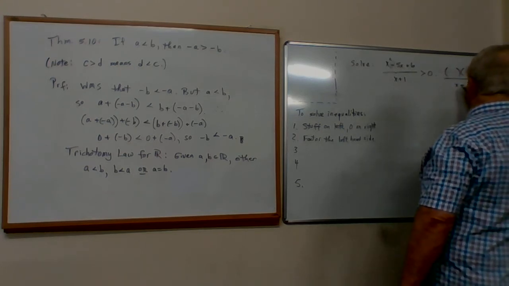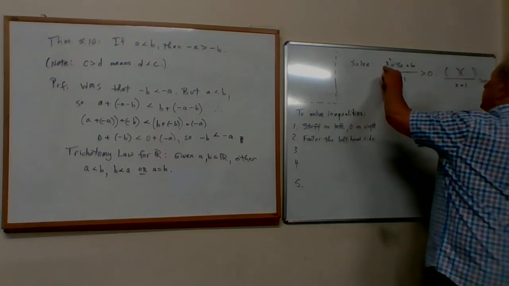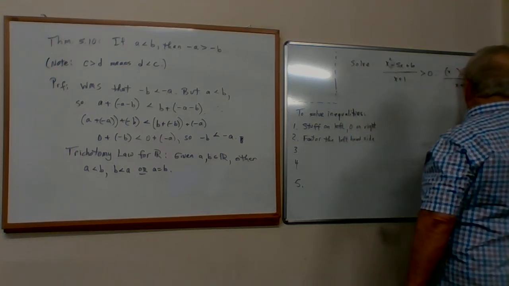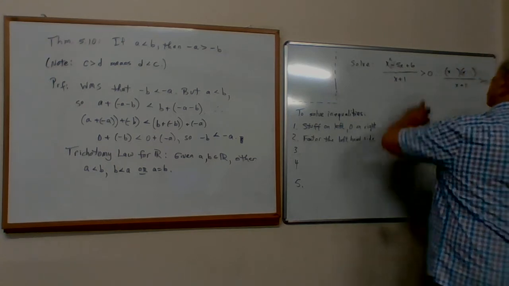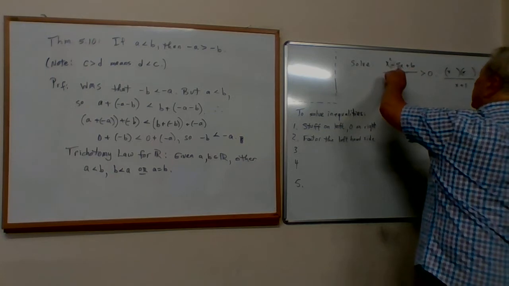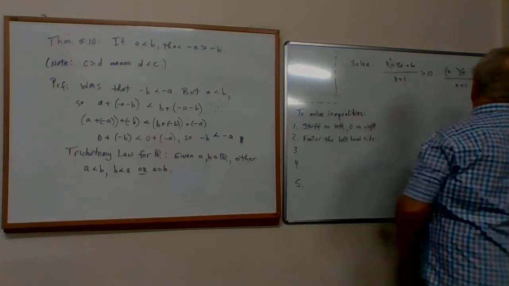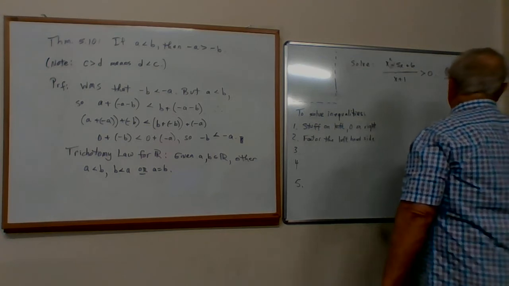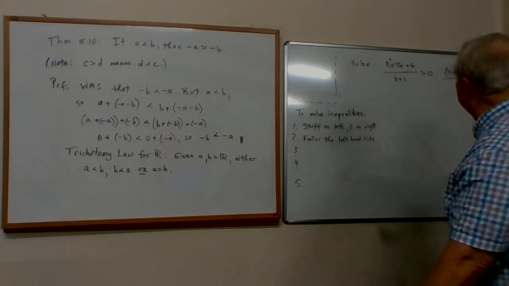Copy, copy, copy. But how do I factor this? Well, what times what gives me x squared? Of course, that's x and x. And then I want two numbers that multiply together and give me 6, add together to give me -5. That would have to be -2 and -3. Okay?